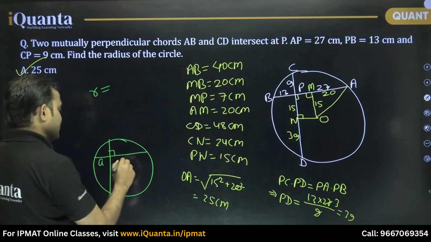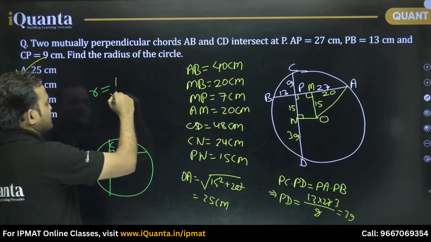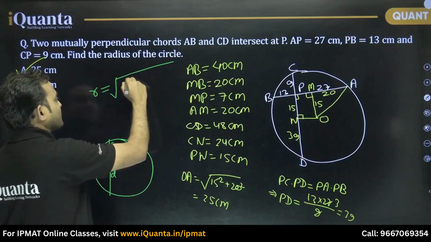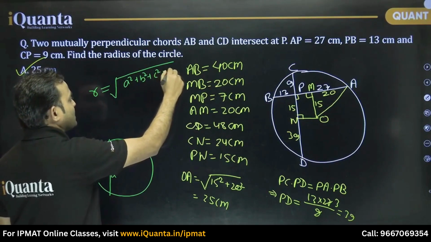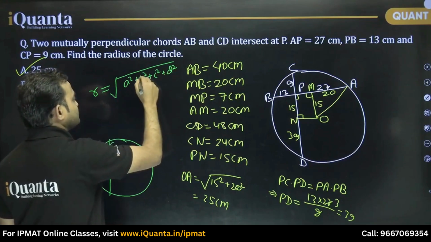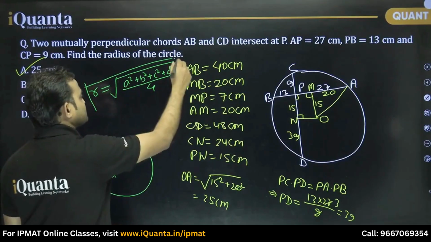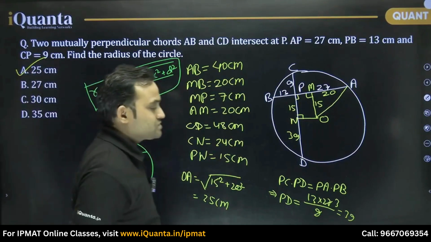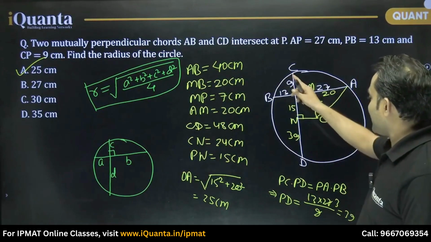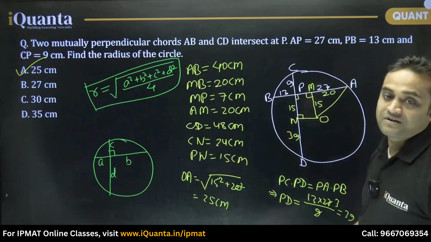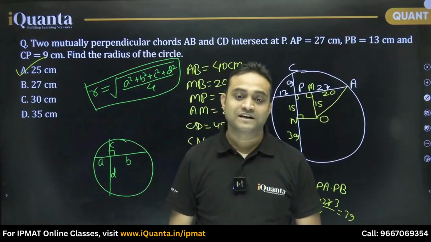This length is A, this length is B, this is C and this is D. Then the radius R is equal to the square root of A squared plus B squared plus C squared plus D squared, upon 4. You can directly use this next time onwards. Instead of ABCD you need to use 9, 39, 13 and 27, and you will get your answer as a radius of 25 centimeters.